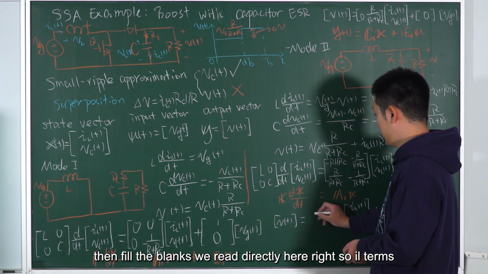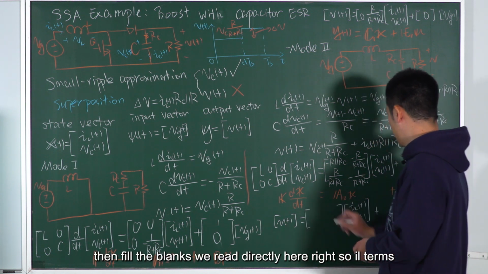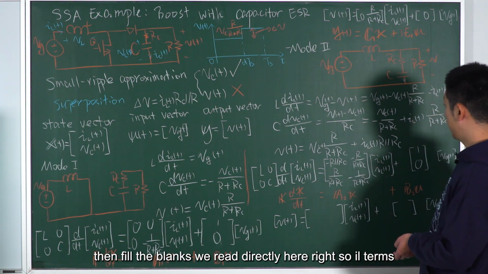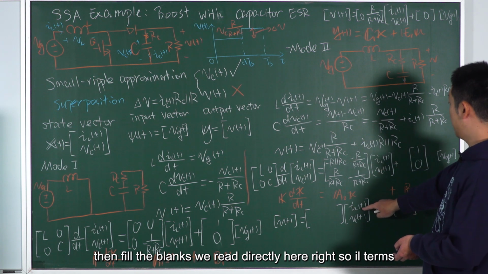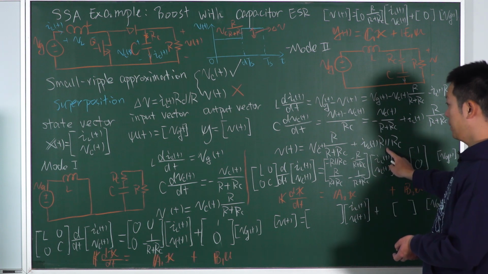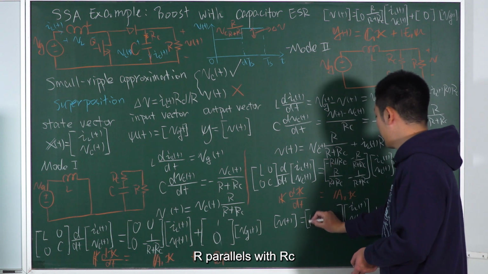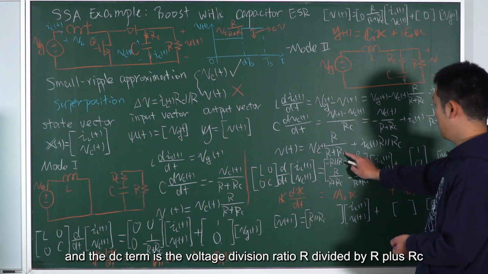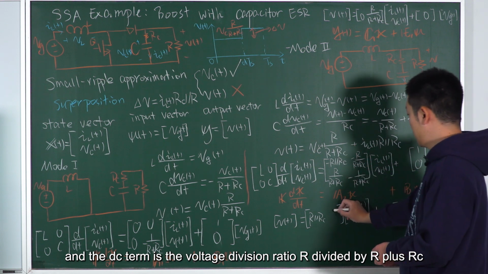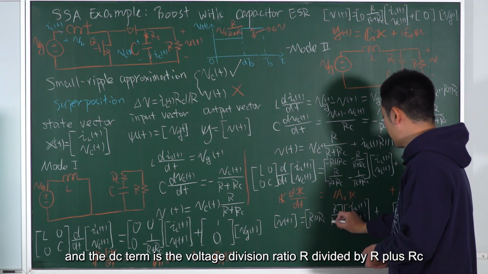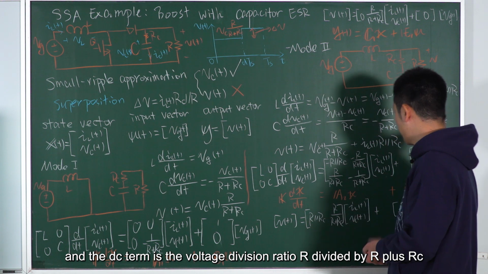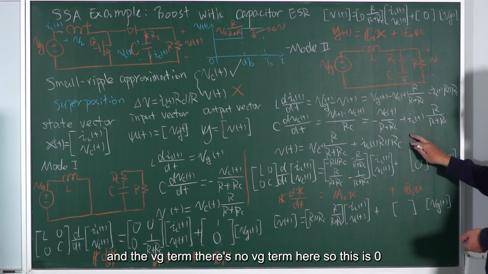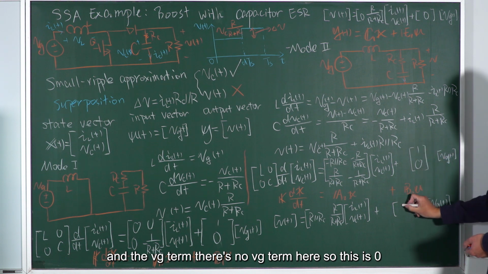Then fill the blanks. We read directly here, right? So the IL term is the parallel with RC. And the VC term is the voltage division ratio, right? So R divided by R plus RC. And there's no VG term here, so this is 0.